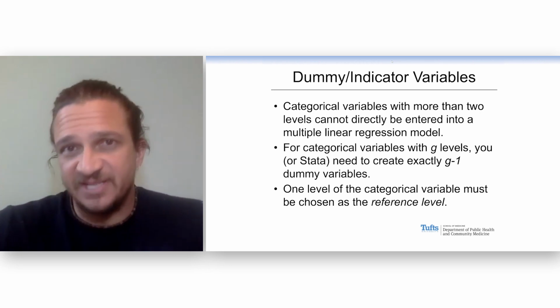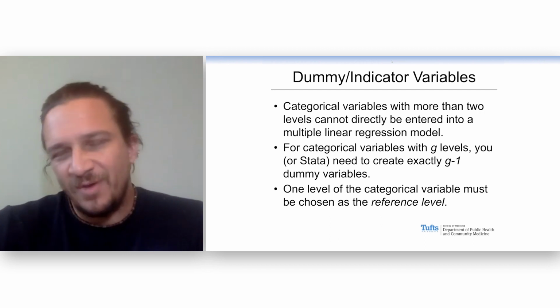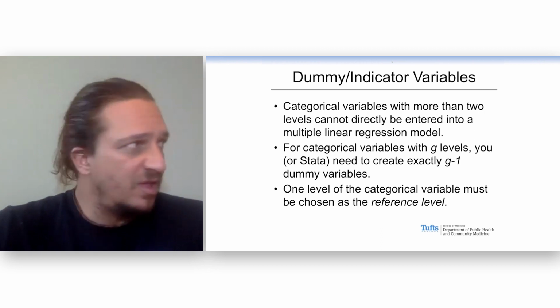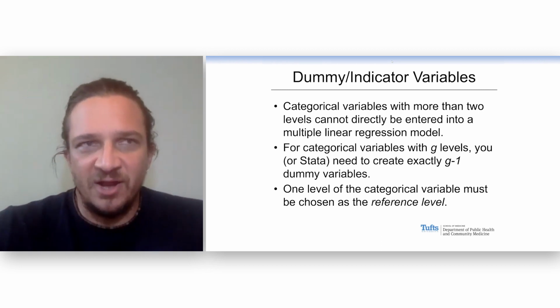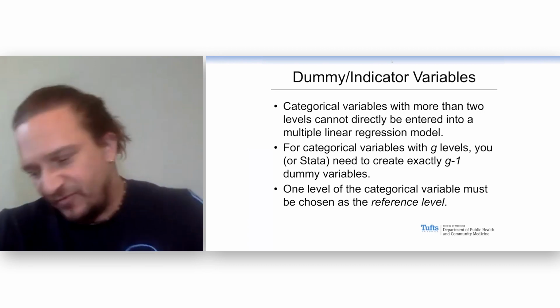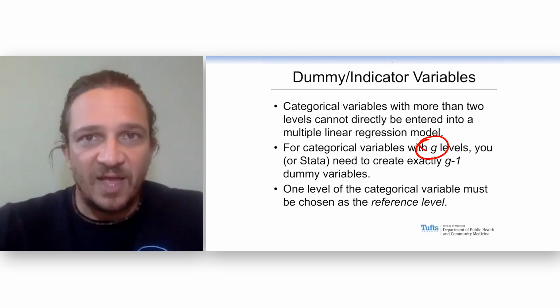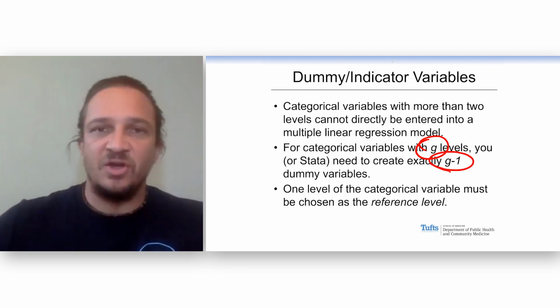Arbitrarily, you'll choose one of these levels as what's called the reference level. So, for example, if you have a variable of dead or alive, it's binary. How many variables do you need to capture a binary variable? Well, just 1. So if you have a variable with 4 levels, how many do you need to capture them? You need to make 3 new variables.